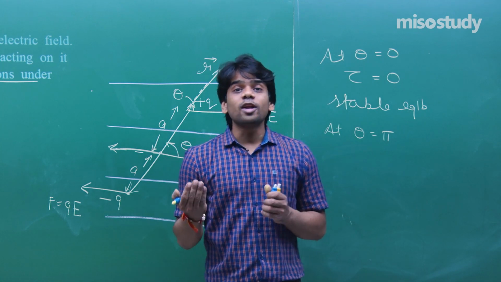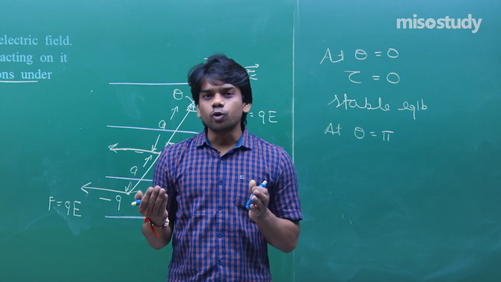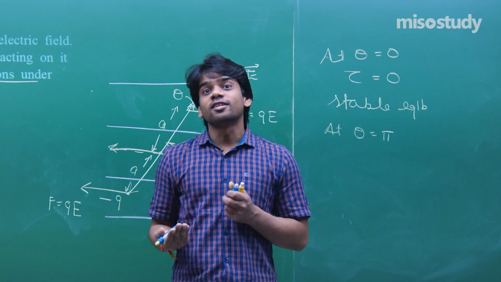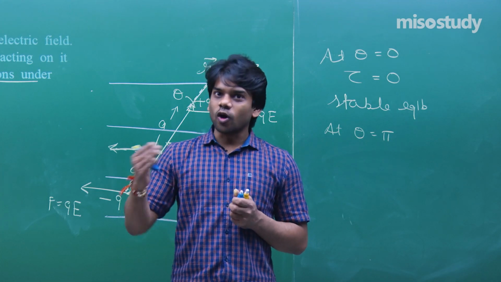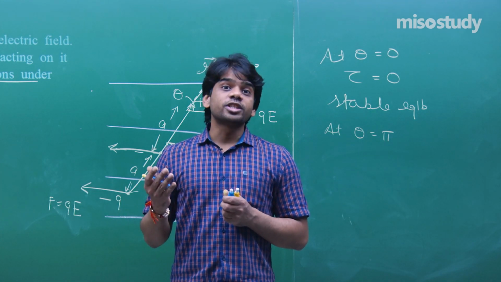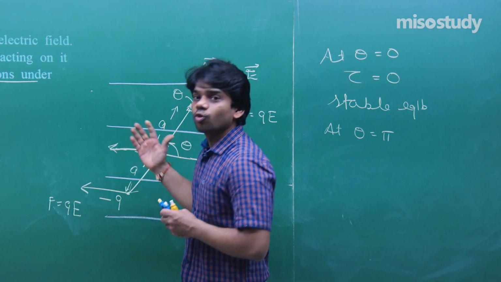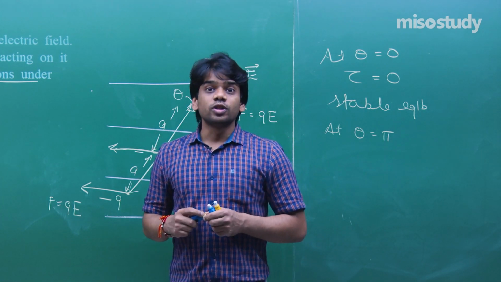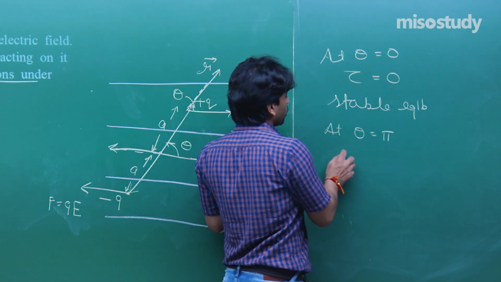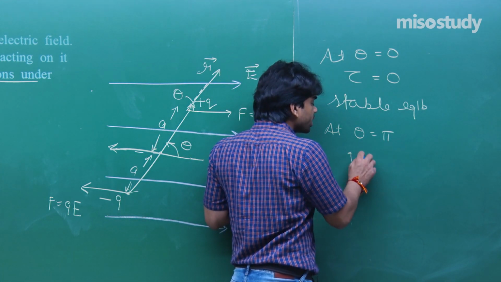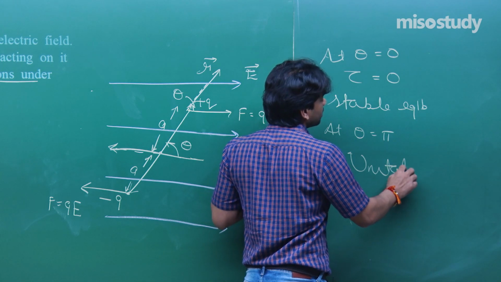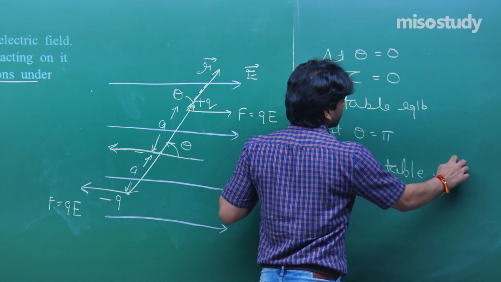We are also evaluating this equilibrium case with respect to the potential energy. Try to understand, if you can recall, this is the potential energy, and the potential energy will be maximum when you rotate it by 180 degrees. So in that case, it will be a case of unstable equilibrium.